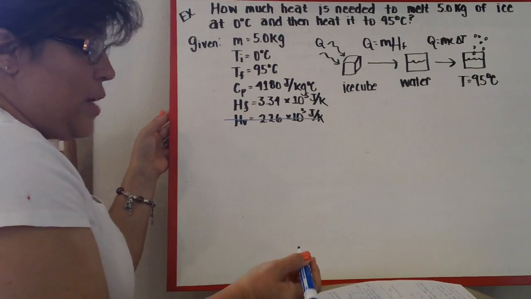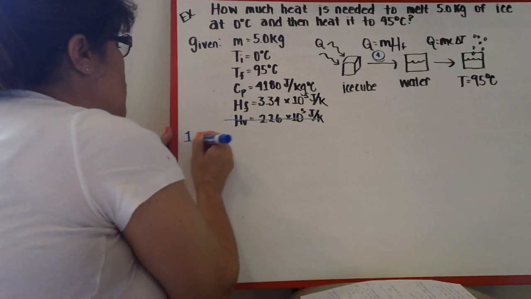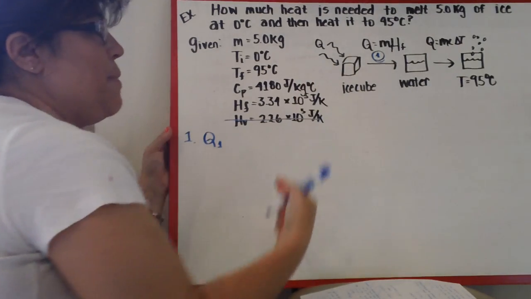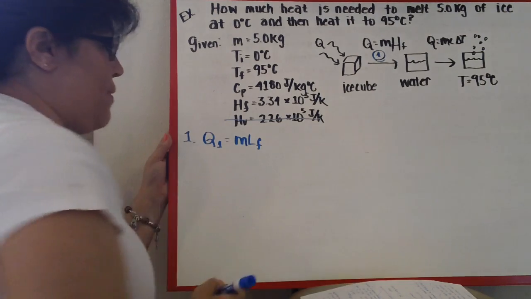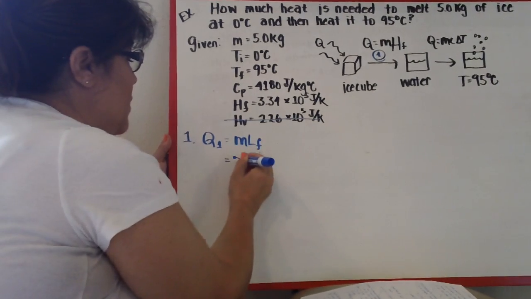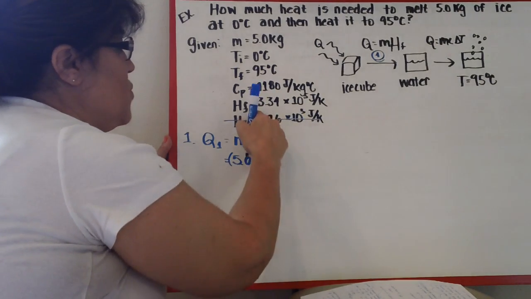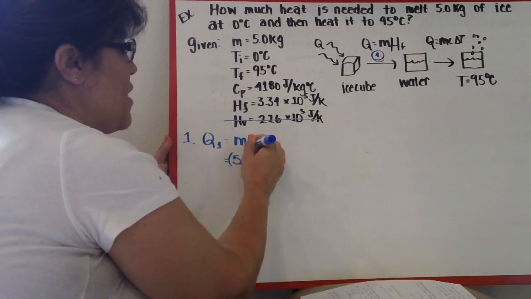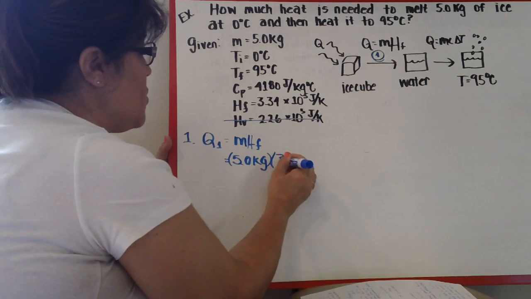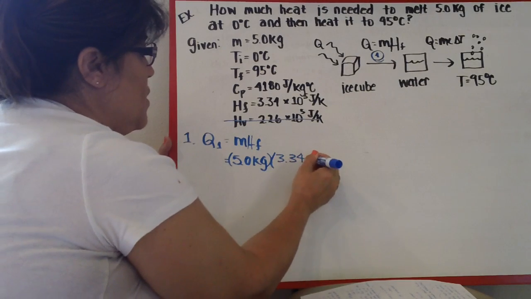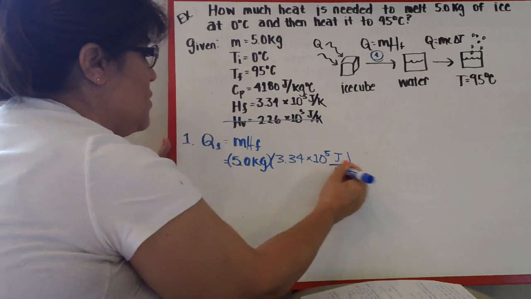So what we want to do is we have two steps. This is going to be our step 1. If I want to know the Q to melt the ice to water, it's going to be mL. Well, the mass is 5 kilograms. And the latent heat of fusion right here, I shouldn't say this is HF, I learned LF, so I'm probably going to make a lot of those mistakes, but that HF is 3.34 times 10 to the 5th joules per kilogram.